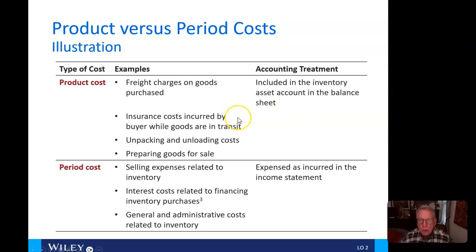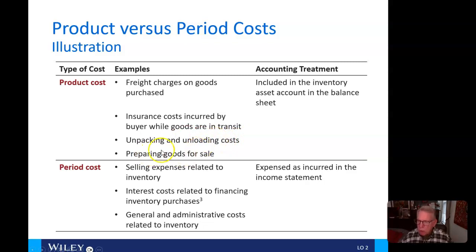Any insurance costs incurred by the buyer while the goods are in transit are part of inventory. Unpacking and unloading costs, if significant, are part of inventory. Preparing the goods for sale, sometimes we need to spruce them up a little bit, and those are part of inventory's product costs.